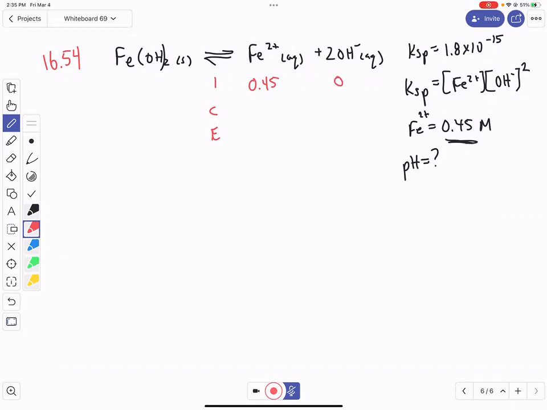I'm going to get plus an amount of x, and plus 2x here. We can ignore this x relative to our initial concentration, 0.45. And we've got 2x for our concentration of hydroxide.